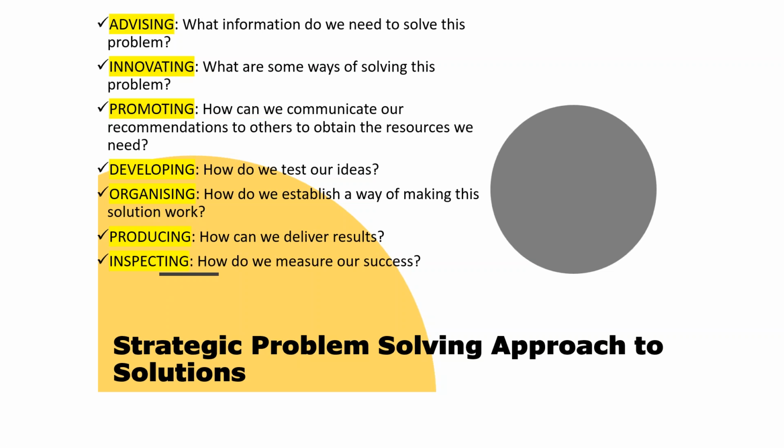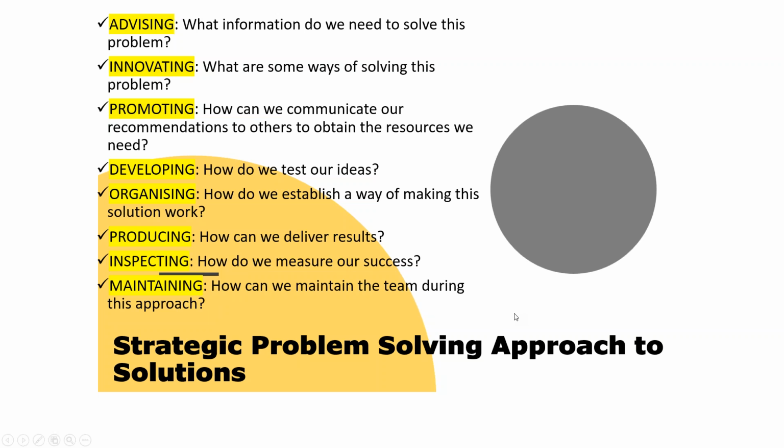And of course, as we get things moving, we've got to start thinking about how we will measure success. Now, measuring success is very important, and we need to start considering what are the key performance indicators that we need to determine whether or not we're on track or whether we're off track, because without that we don't really know. And the inspectors are the ones who will start to consider at least those key questions.